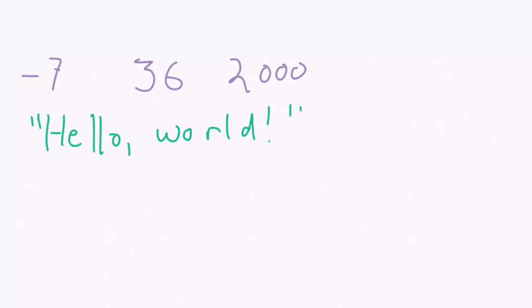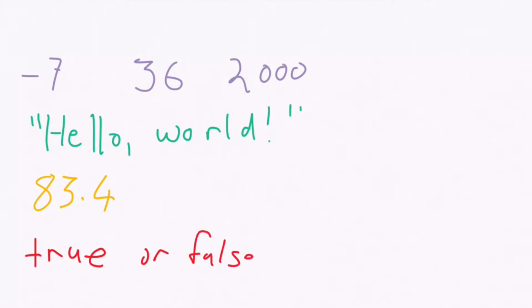You can have a number that has decimal places, like 83.4. And you can even have what are called Boolean values, which can only be equal to true or false. When you're creating variables, you need to create the right kind of variable to store the right kind of information.